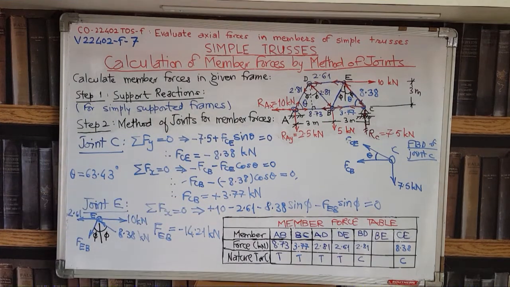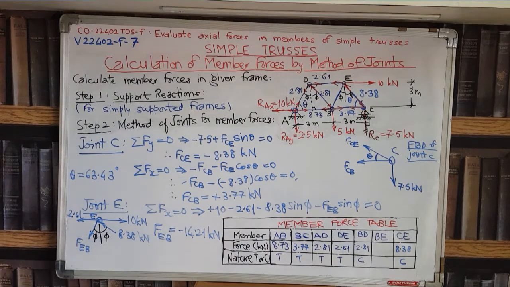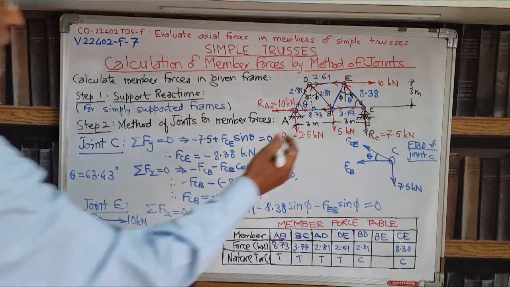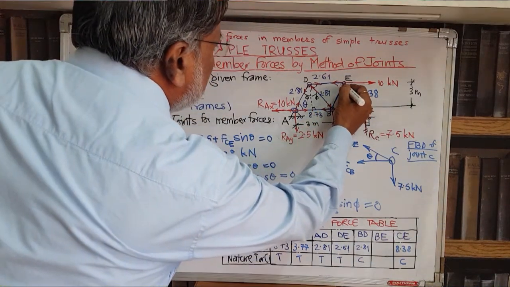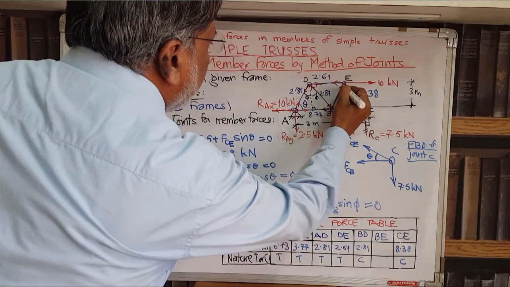What is the meaning of this minus sign? Minus sign means that the direction we have assumed for FEB is wrong. It should have been towards the joint. So we will show in this diagram FEB towards the joint and not away from the joint.